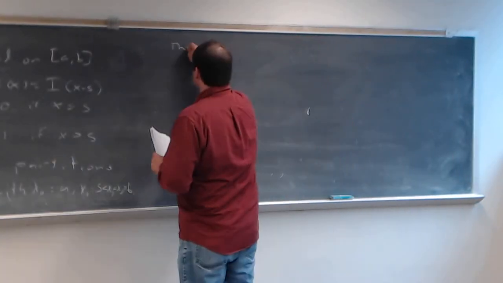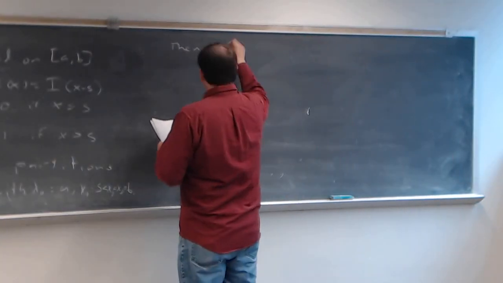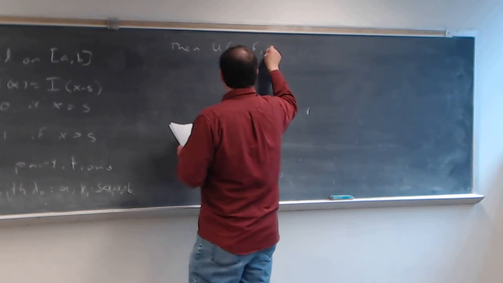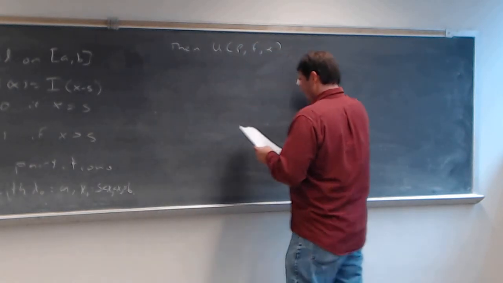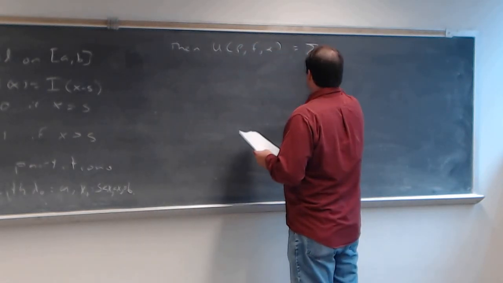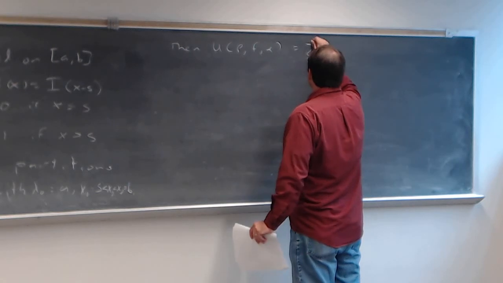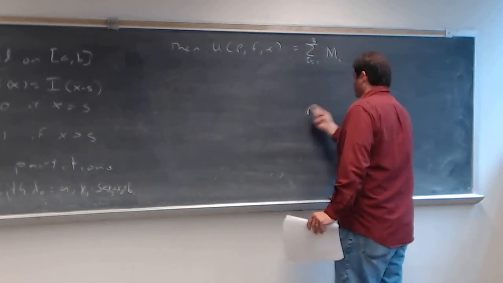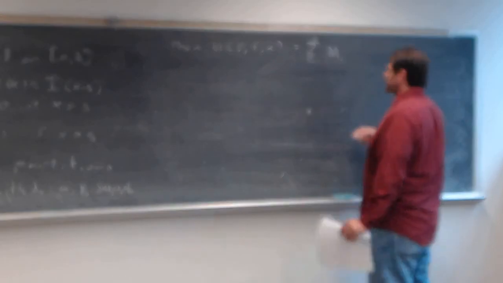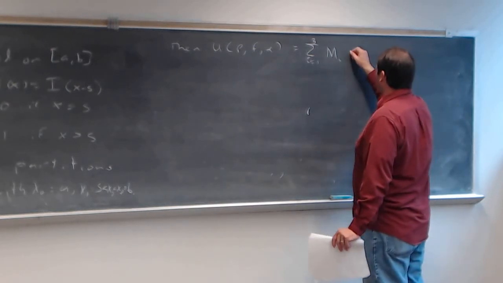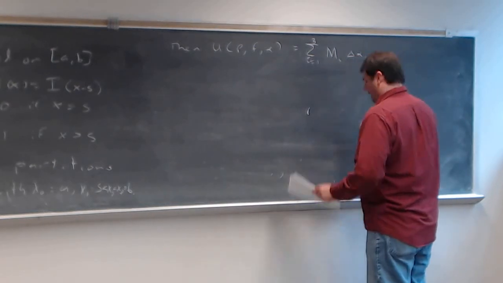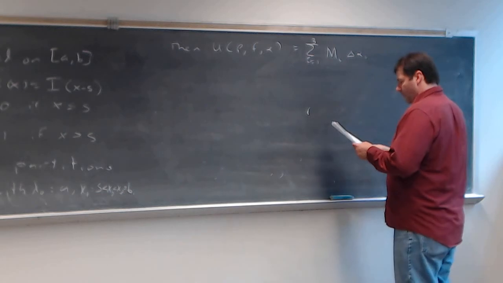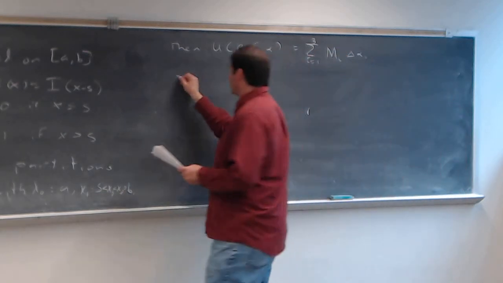Then, if we look at this upper sum U(P, f, alpha) for these types of partitions, I'm going to take my time here. It's the sum as i runs from 1 to 3, of the big M sub i, the supremum values over the subintervals, times delta alpha i. And I'm going to expand this sum.